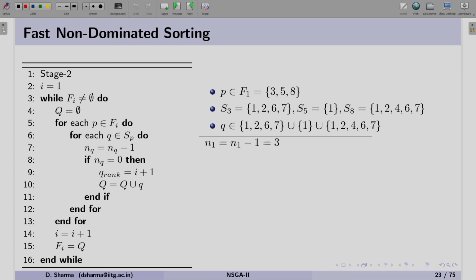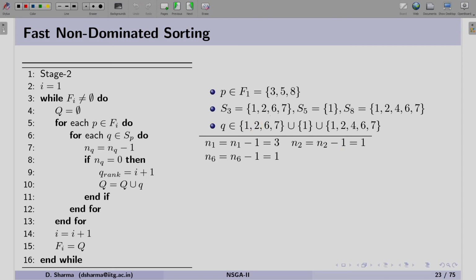So, let us take the first in the set, which is solution number 1. So, we are subtracting N1 equal to N1 minus 1. Here the earlier value was 4, so N1 minus 1 will become 3. The next solution is solution number 2, and in this case N2 equals N2 minus 1, which is equal to 1 now.